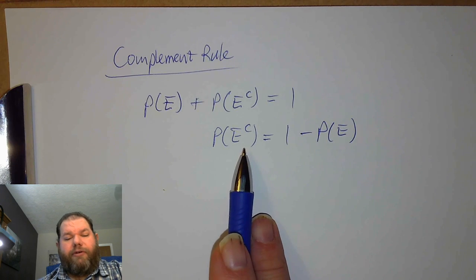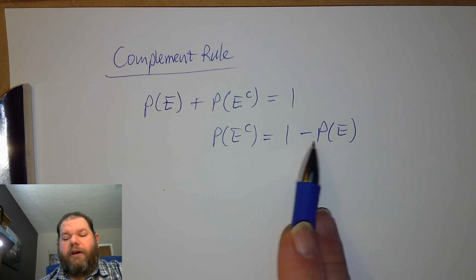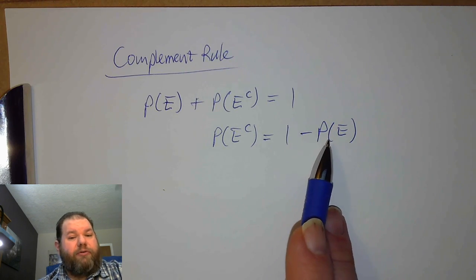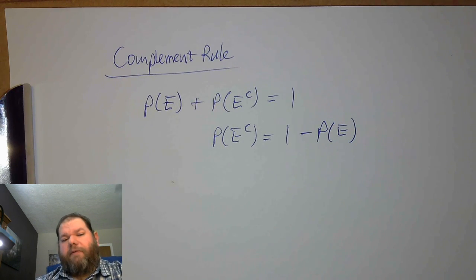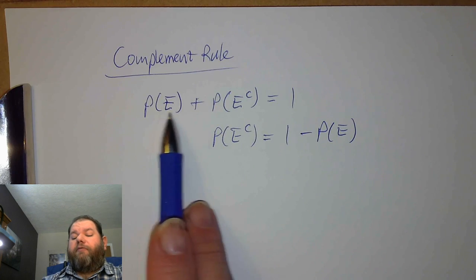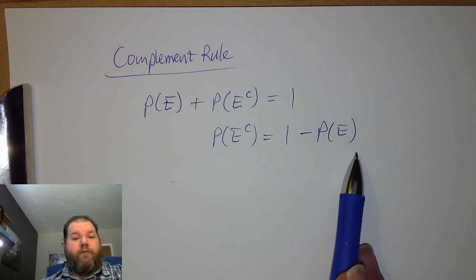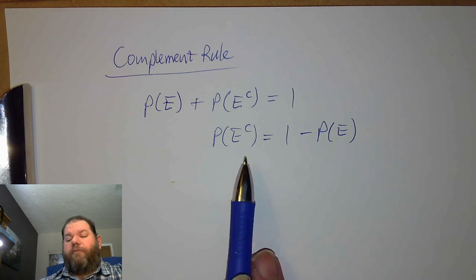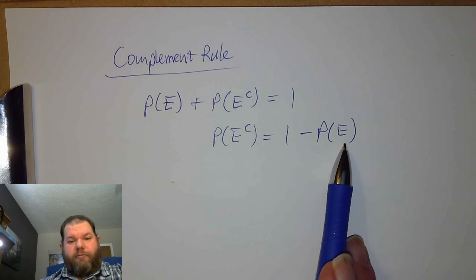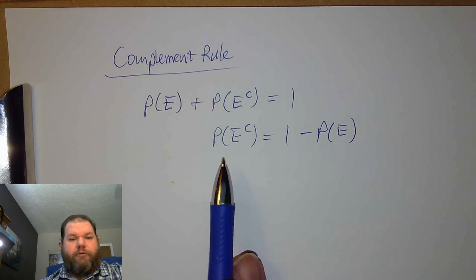So we don't have to go through and count everything. We could just take 1 minus the probability that we already know to be true for P of E. So sometimes we'll see it written this way, but this is the most helpful format, where usually we're given one probability to begin with, and we want to find the other one based on that.